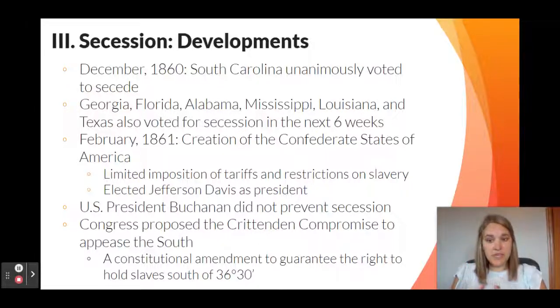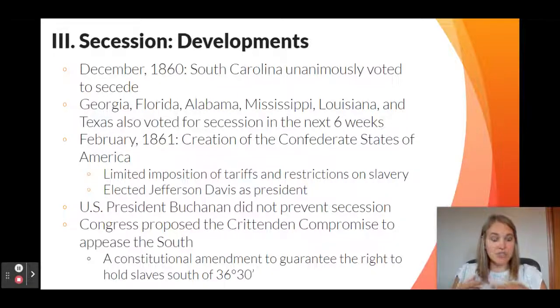Now, between secession and the actual inauguration of Lincoln was quite a few months. Lincoln is not inaugurated until March 4th of 1861. During that time, President Buchanan is considered a lame duck president, when he knows he is no longer going to be in power, but he does not prevent secession.